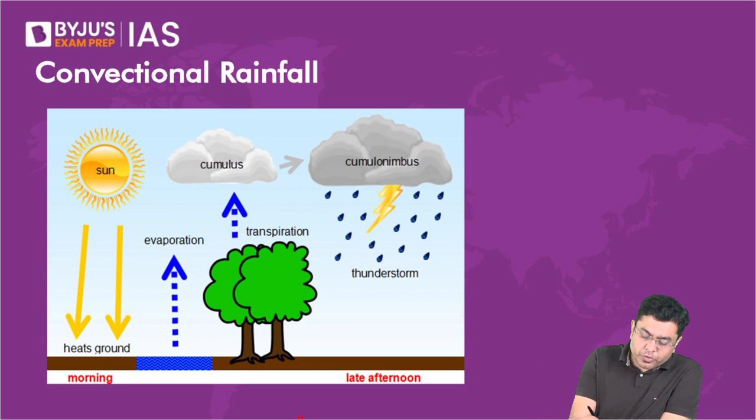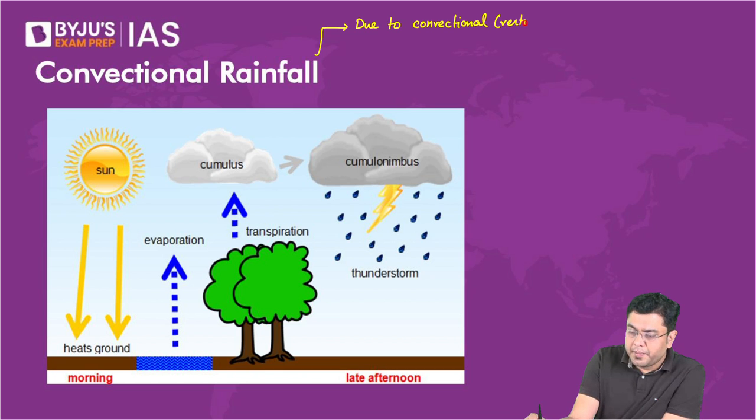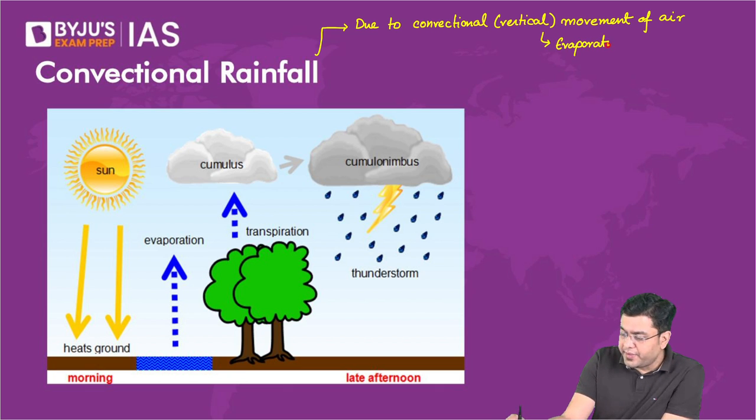So it occurs due to the convectional movement of air, and that is where we have evaporation and subsequent condensation.